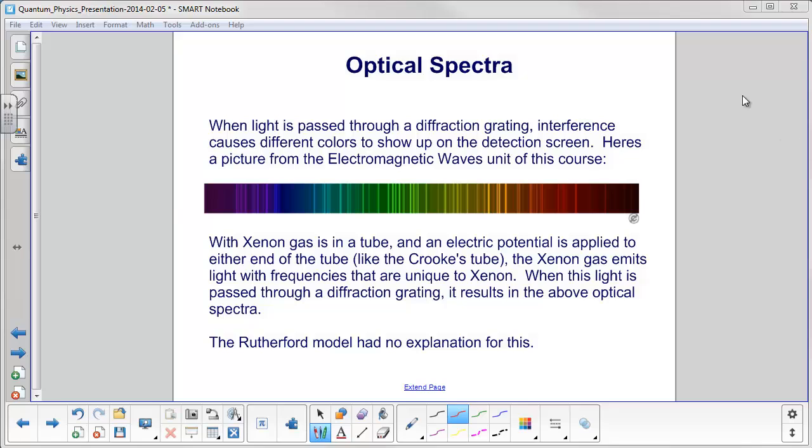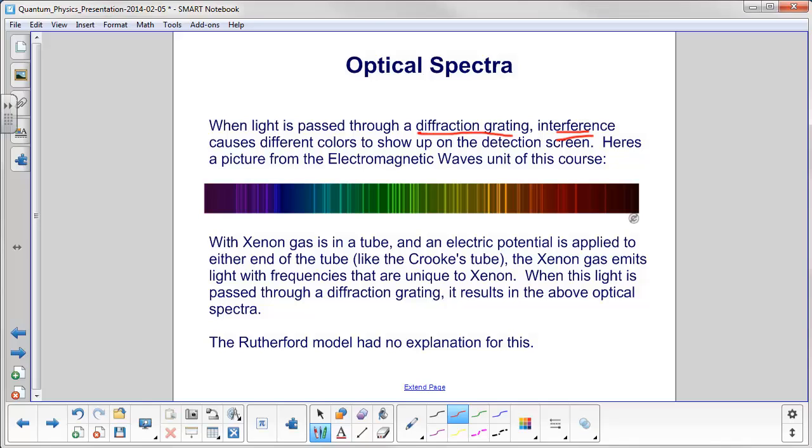When light is passed through a diffraction grating, and that was reviewed in an earlier chapter of this course, interference causes different colors to show up on the detection screen past the grating. Here's a picture from the electromagnetic waves unit of this course. This is xenon gas in a tube, and an electric potential is applied to either end of the tube, just like Crookes' tube.